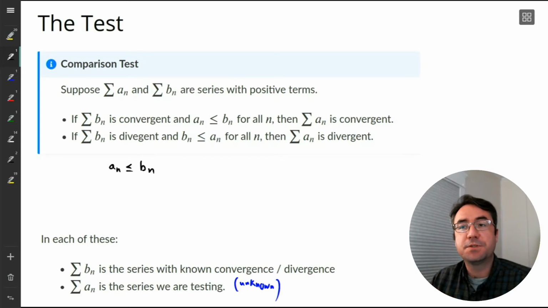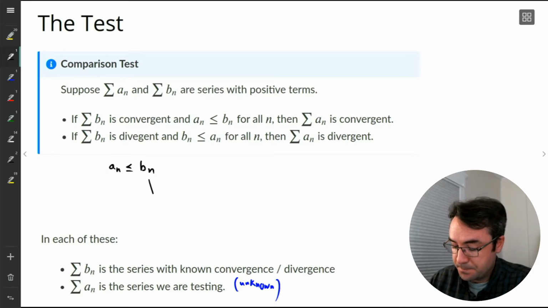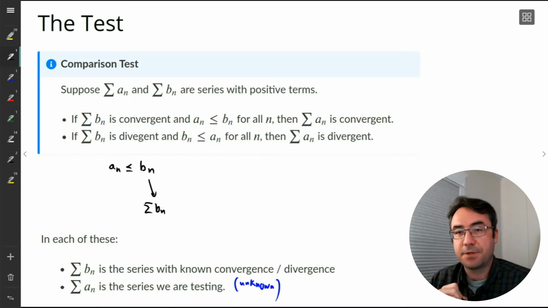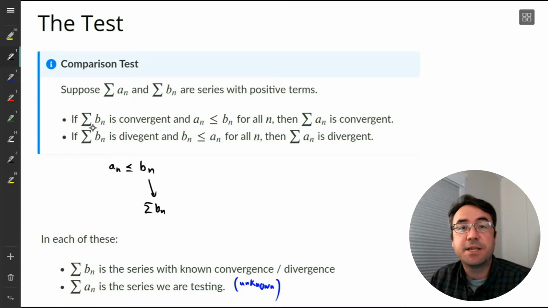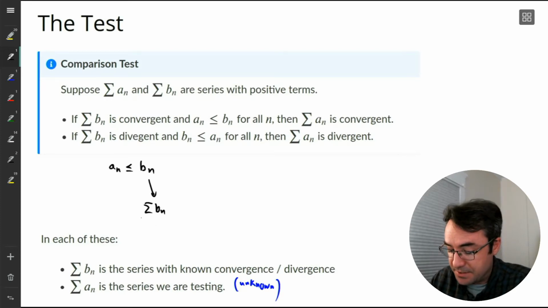Suppose we form the sum using each of these sequences of terms. Let's look at our sum sigma bn, our series formed from adding up all the terms in bn. In this first case, we know that sigma bn is convergent. What that means is this sum actually exists. It's a finite sum.